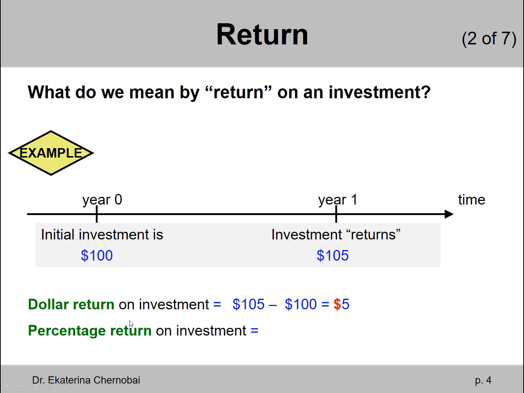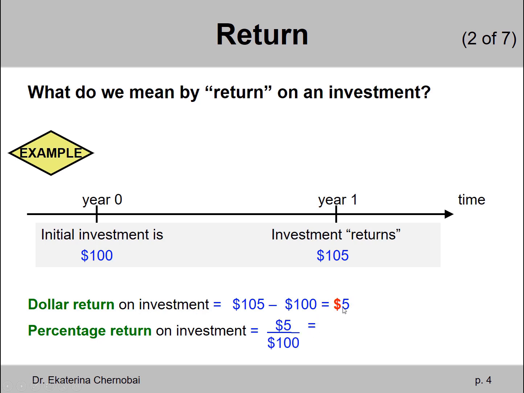But more commonly, the return on investment is calculated in percentage terms. So to calculate the percentage return on investment, we want to take these $5, the return in dollars, and look at it relative to how much we started with, how much richer we got in percentage terms.